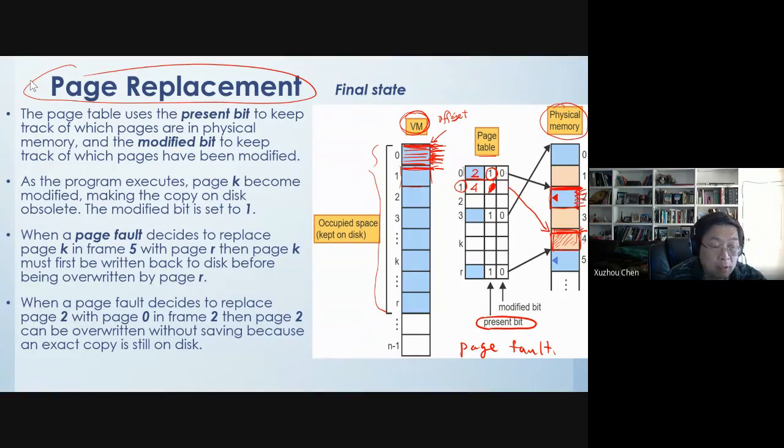So you have to change the page table twice. First, change the table for the page that will be removed, and then change the page table information for the page that will be loaded. So we have to do this twice. This is something called page replacement.